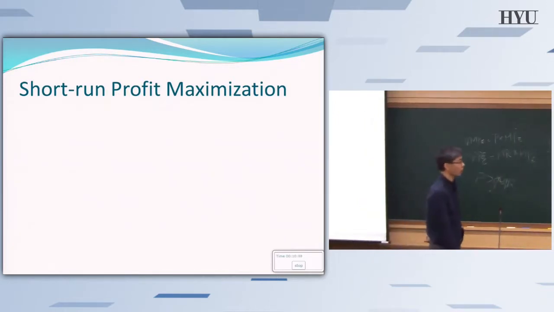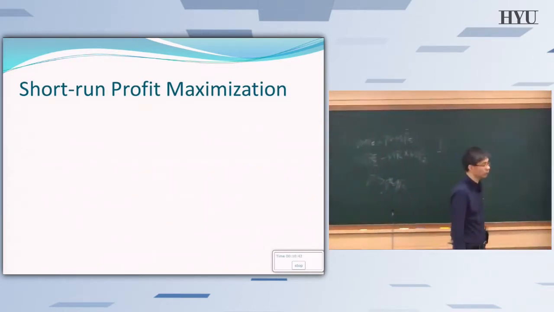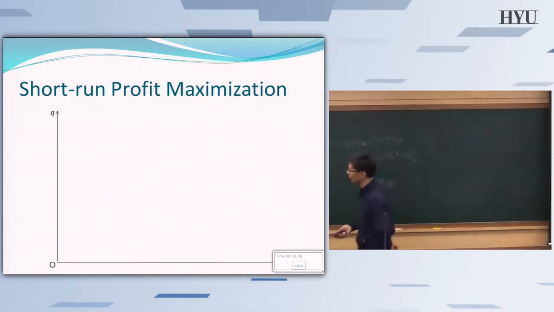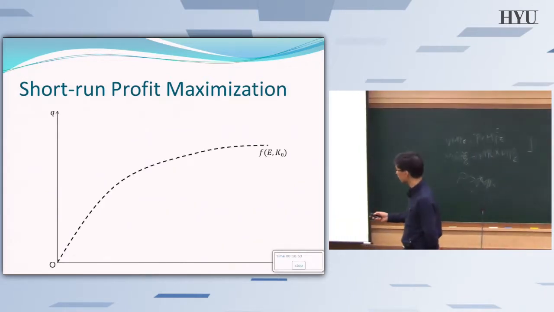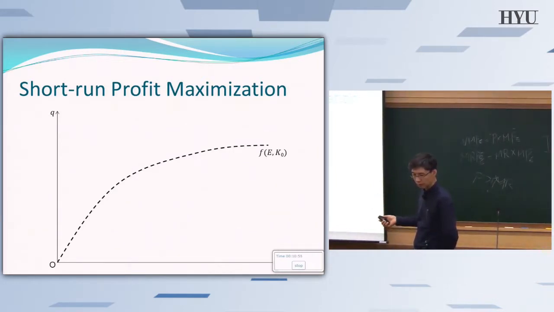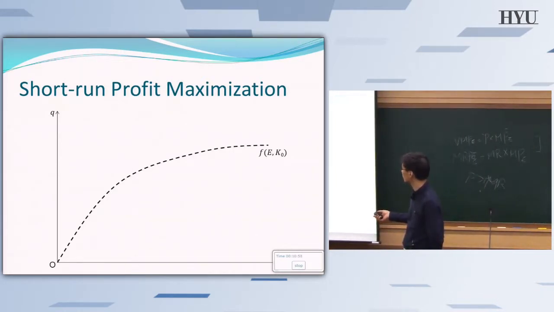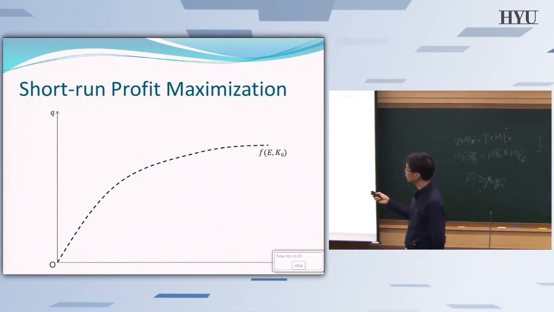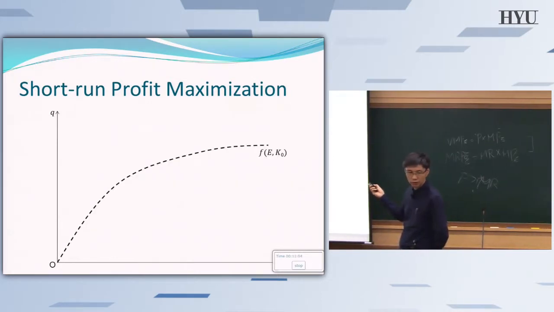Now, for the producers, obviously the objective is to maximize profit. In the short run, we assume that K is fixed, so we think of the same production function. But what matters for profit maximization is the total revenue and the total cost.